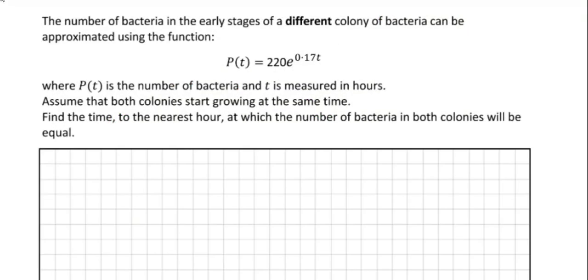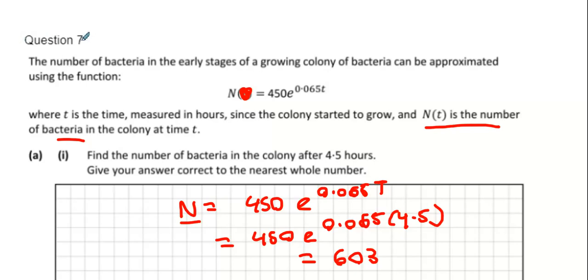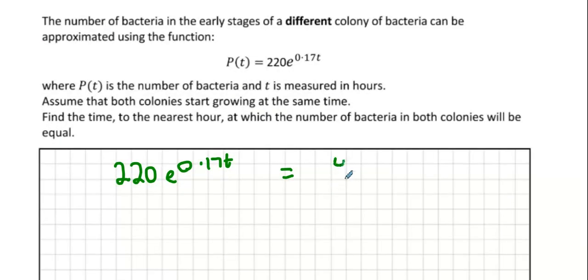This was really hard. Difficult. This is probably the most difficult question, isn't it? There's a separate colony of bacteria, and both bacterial colonies are grown at different rates. Is that all right? So this one grows at 220 e to the 0.17t. And the other bacteria colony grows how fast again? 450 e to the 0.065t.